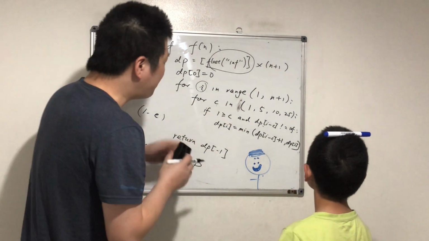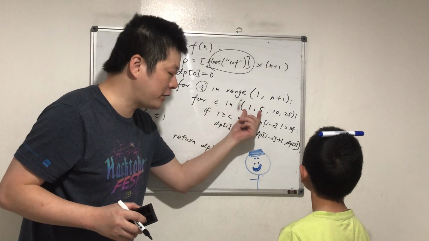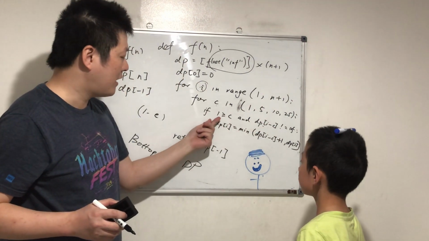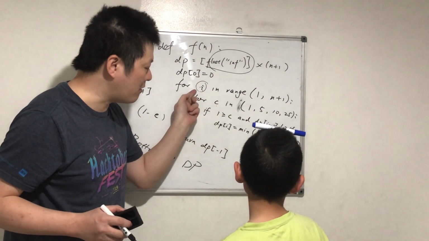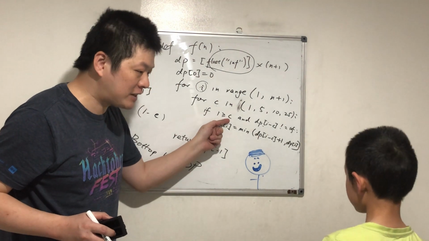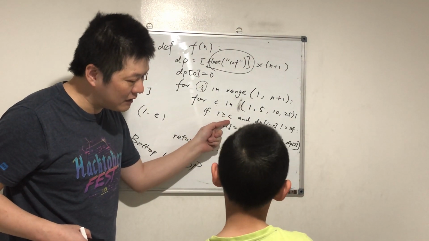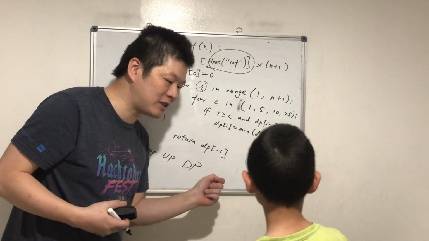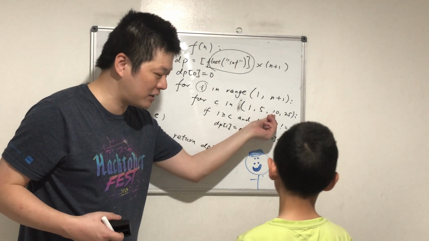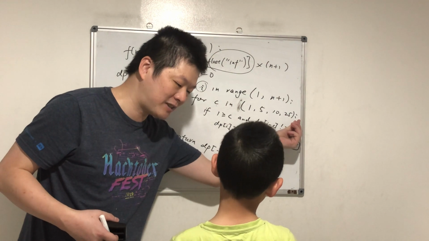And then for each one, we have 4 coins: 1, 5, 10, 25. If the current amount i is bigger than the coin, right? If it's smaller than the coin, what does it mean? You're giving too much. If I want 10 and you give me 25, this doesn't make sense, right?